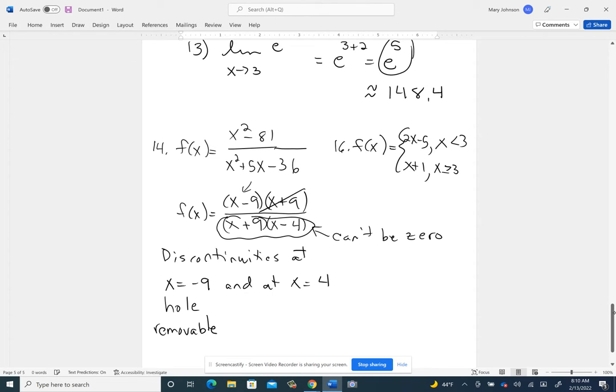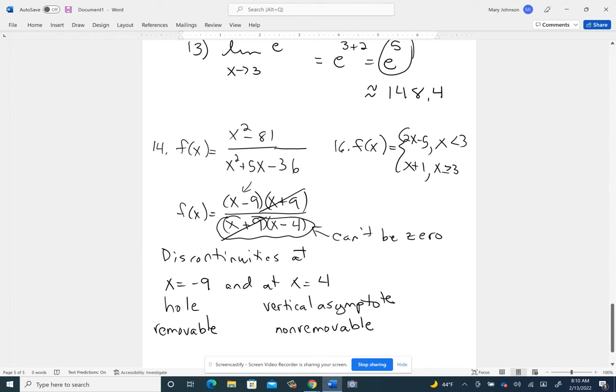We can just cancel out that x plus 9 factor. But at x equal 4, we would have a vertical asymptote when they later ask us about that. You can't fix that problem. That's a non-removable discontinuity. Okay.